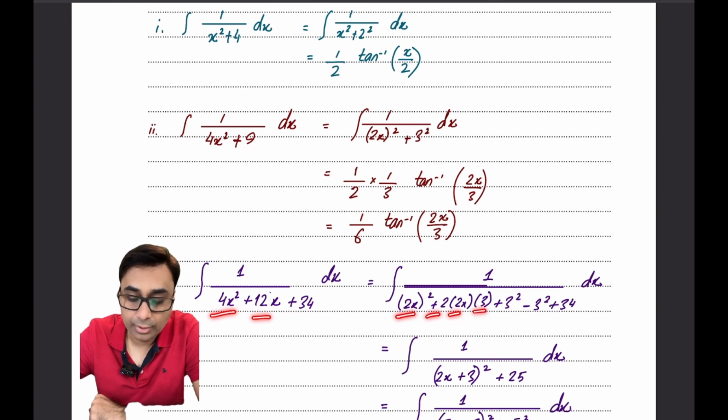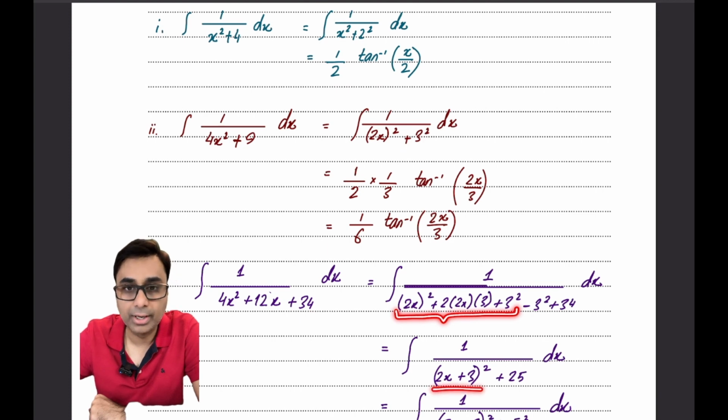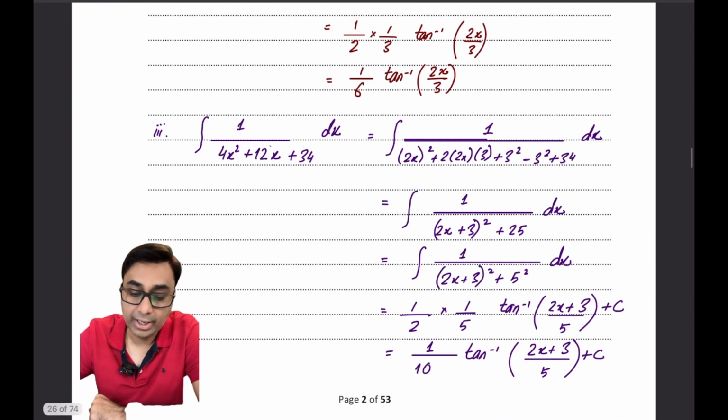And to balance this out, you add 3 square and subtract 3 square, and then you copy this 34 as it is. This whole working is done so that you can apply a whole square formula onto this, and you can write it down as 2x plus 3 whole square. And this simplifies as 34 minus 9, which should be 25. So I can write 5 square in place of 25, and then now I'm ready to use the formula.